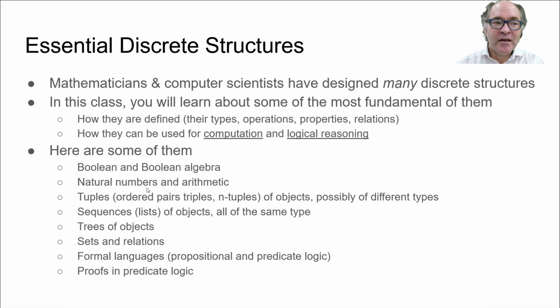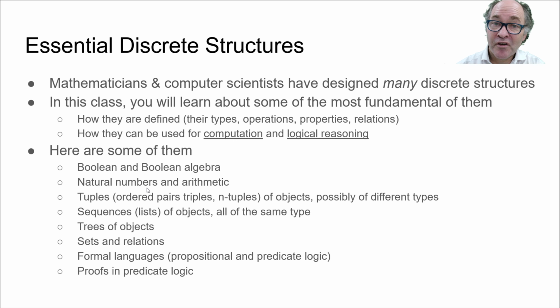Okay, so we're now at the end of this lesson, and I want to just broaden this out from the example involving NATs to where we're going a little bit more broadly. Mathematicians and computer scientists have designed many discrete structures. In this class you'll learn about some of the most fundamental discrete structures, particularly important for computer scientists to understand.